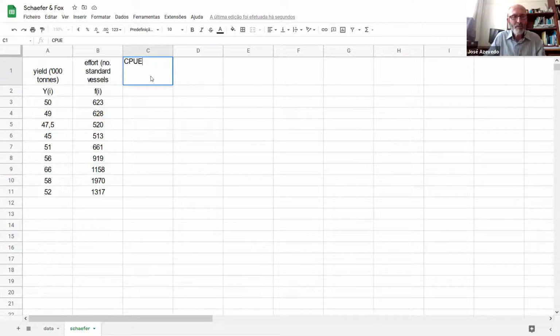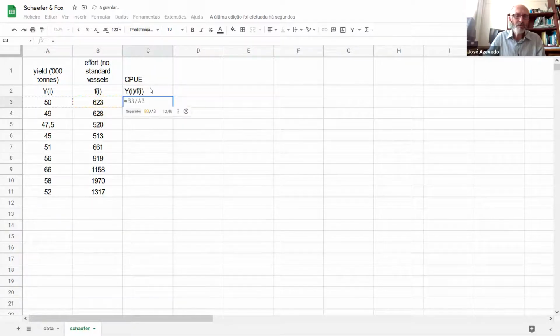And of course, capture per unit effort is the yield, represented by Y in a given year, divided by the fishing effort, represented by F in the same year. So the formula is very simple, it's just yield divided by effort.